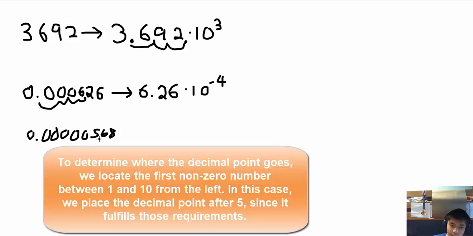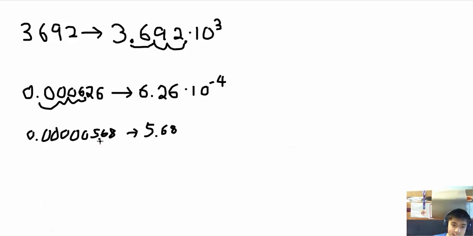So the scientific notation for this will be 5.68, because 5 is the first non-zero number between 1 and 10 from the left. And we count how many times it moved. We have to move it to the left. How many times? 1, 2, 3, 4, 5, 6. Since we move it 6 times to the left, we multiply by a power of 10 to the negative 6.